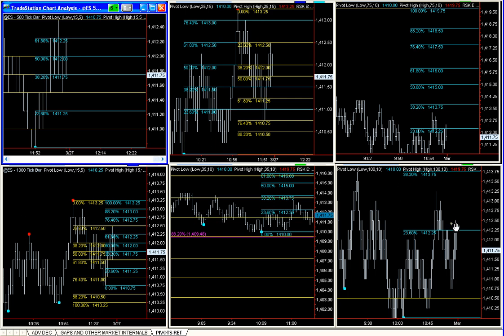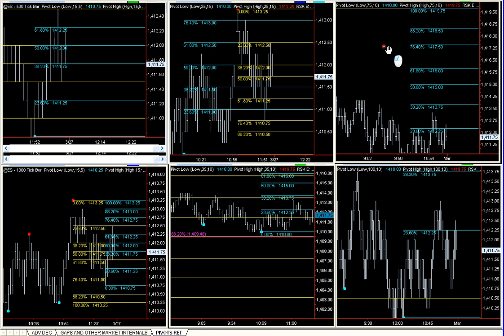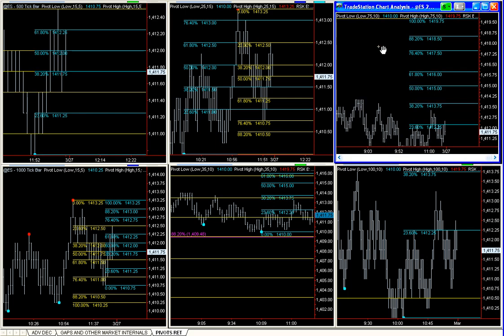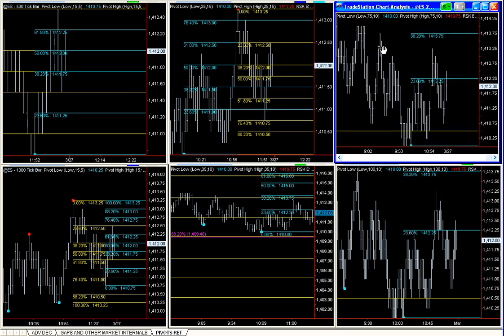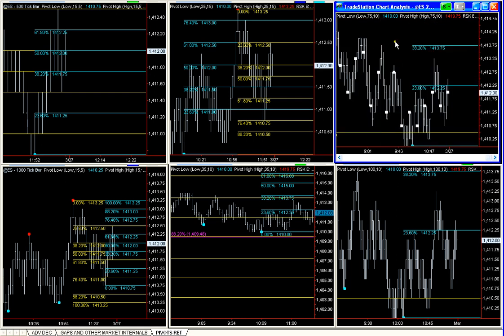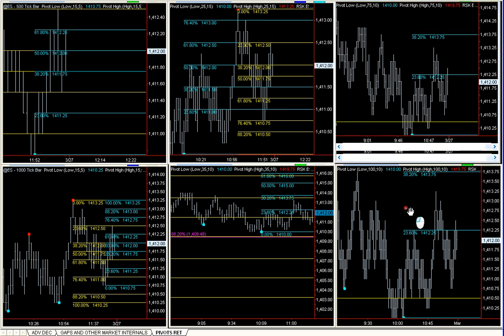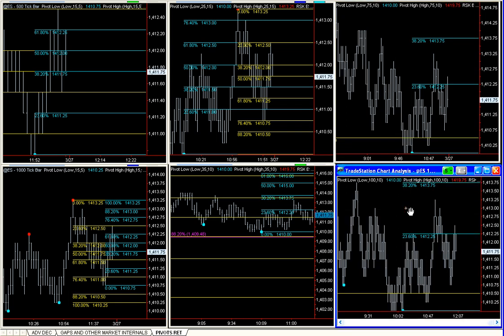And then over in chart number, make sure of this. Yeah, this is a 2,000 tick bar, but this is a 1,000 tick bar. So we've just got a variety of different definitions here. Now, why do we do that?